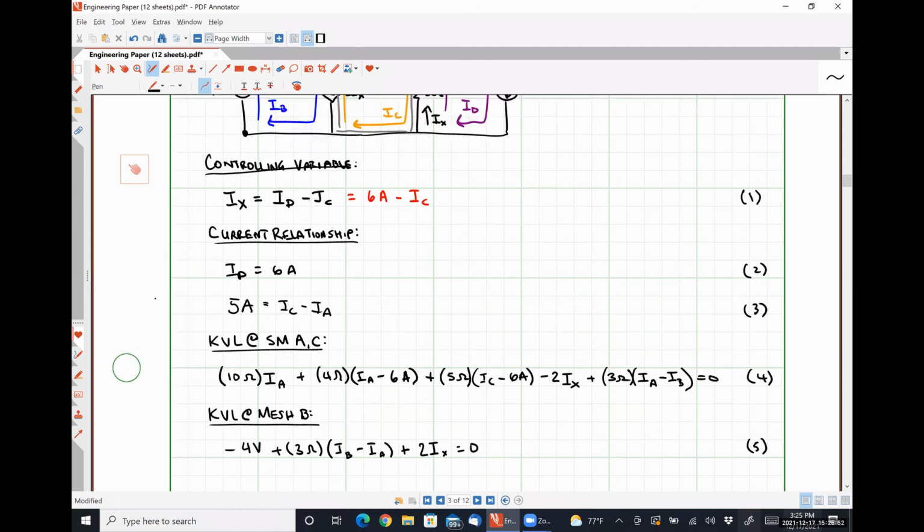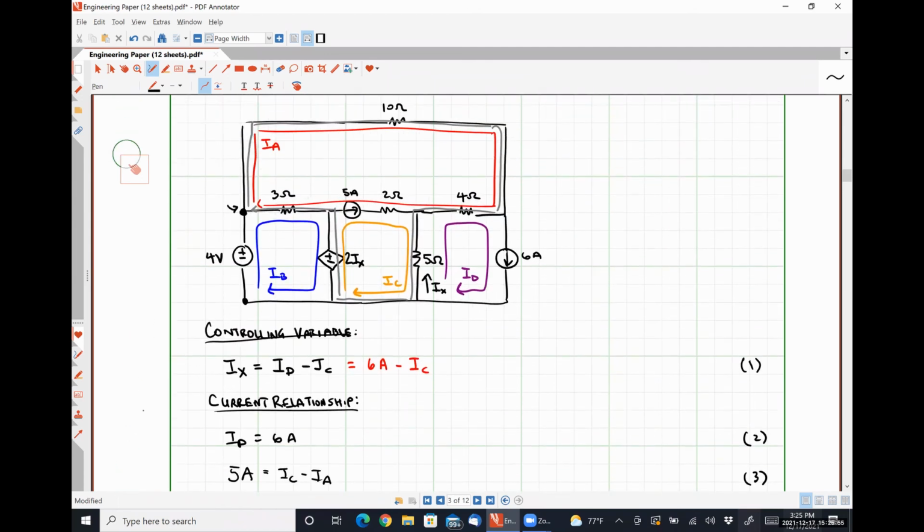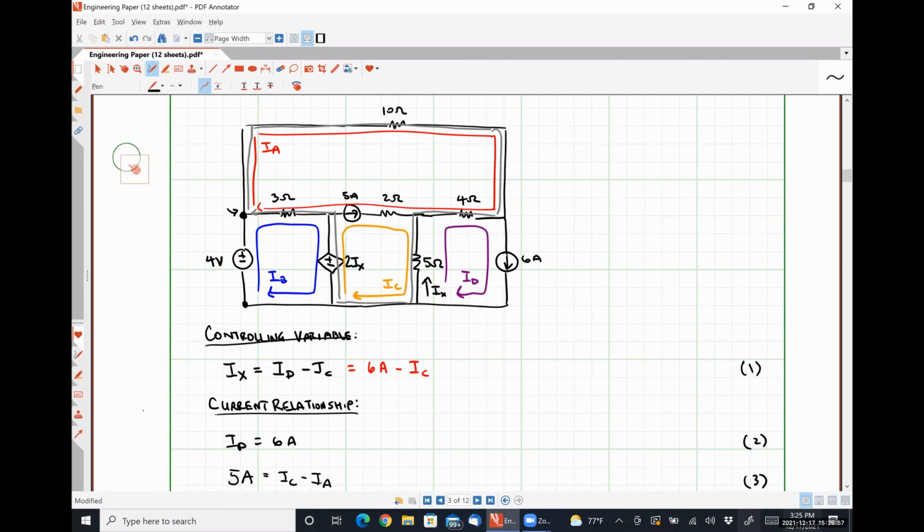Now I want to point something out to you guys here. We couldn't write a KVL equation for mesh D, even if we tried. And the reason I say that is because our super mesh equations are all about avoiding taking the voltage drop over a current source.